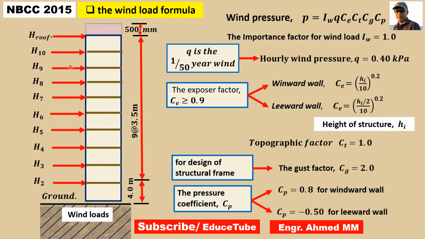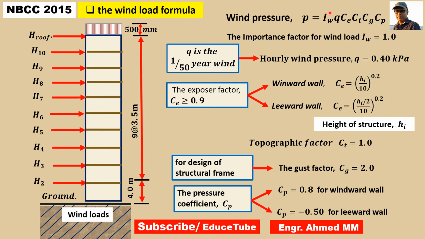Another important thing I want to mention: this pressure is directed towards the surface, as we can see here, or as a suction directed away from the surface. It happens on the leeward side. So we will use this formula, wind pressure P equal to this.